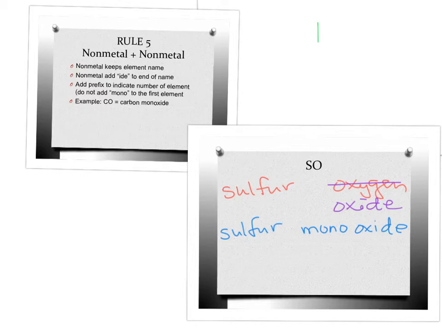So in this case, mono ends with an O. So we're going to drop that O. So therefore, we're going to rewrite this as sulfur monoxide. And so our compound name for this is sulfur monoxide.